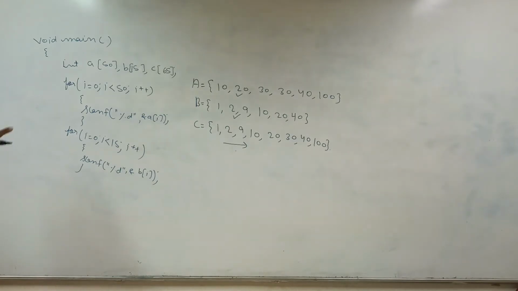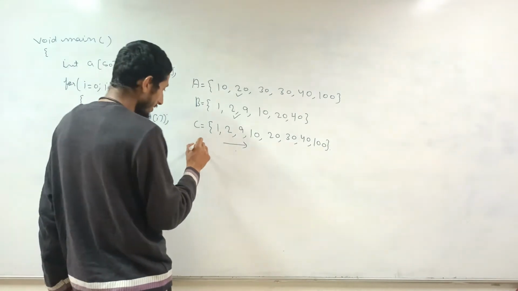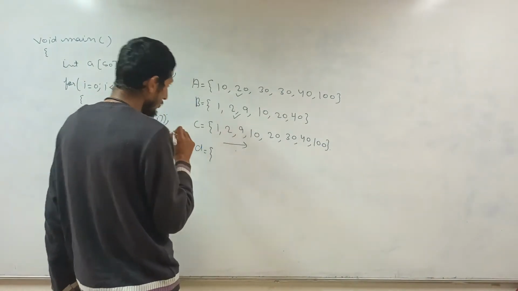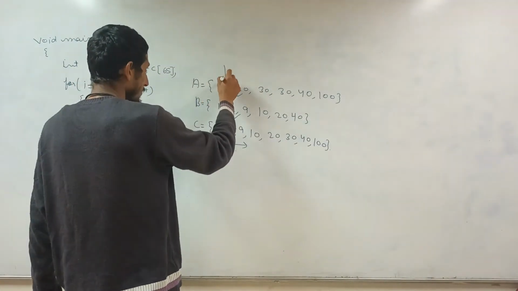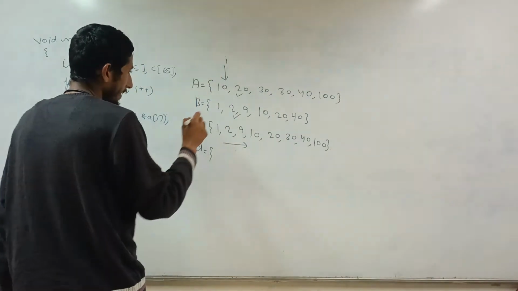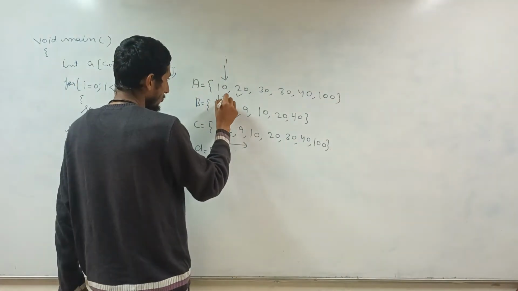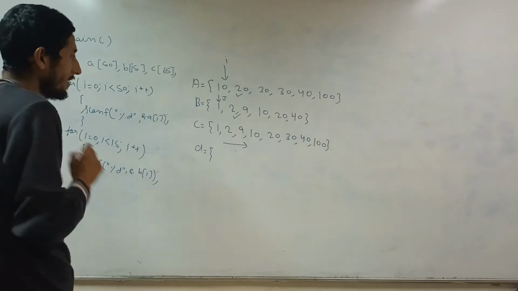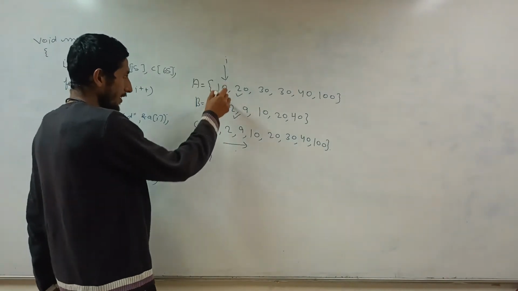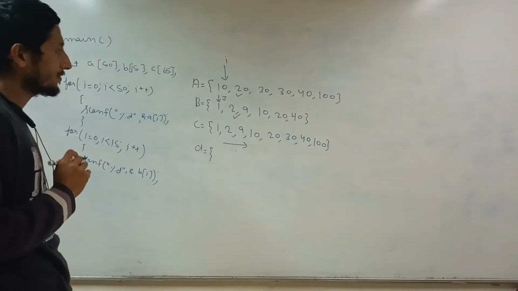Then I will take two pointers. Let me tell you the strategy. One pointer will point to the array A, and the second one will point to the array B. Then I will compare these two elements. Which one is smaller?